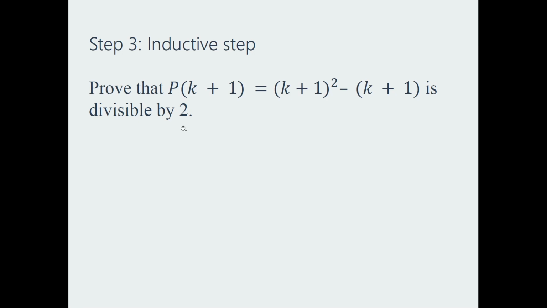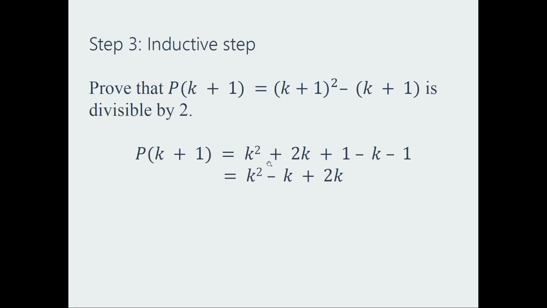So let's prove. Let's first simplify this term here, (k plus 1) quantity squared. So we'll get k squared plus 2k plus 1. And then let's simplify this term also. So distribute the negative symbol, minus k minus 1. And let's simplify some terms, but let's not fully simplify this whole term here.